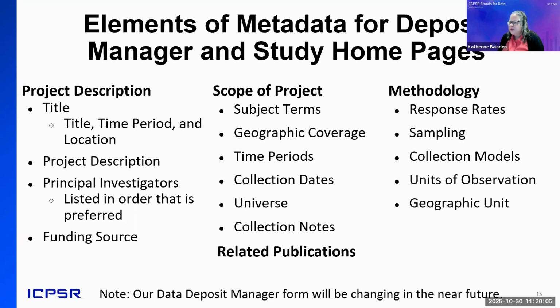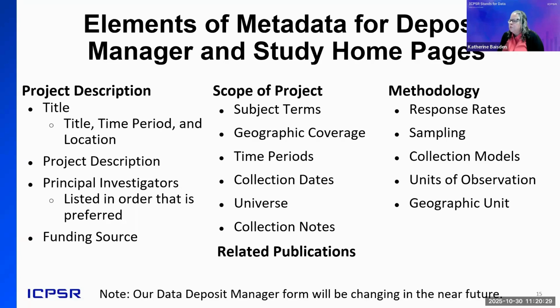Scope of project, this is under the metadata dome, you might say. Subject terms. These are terms that, if you were going to search on the internet, could get you to your data set. It's very much like Googling on the internet now.